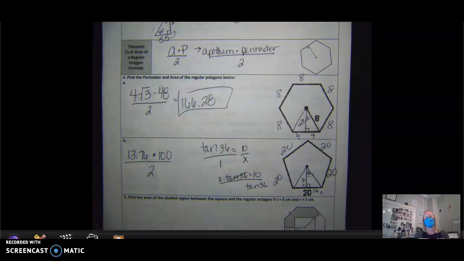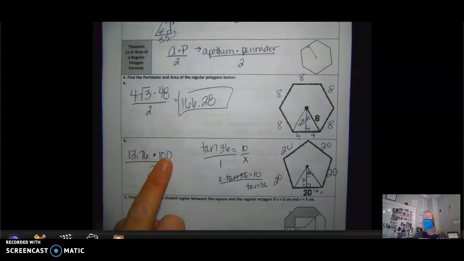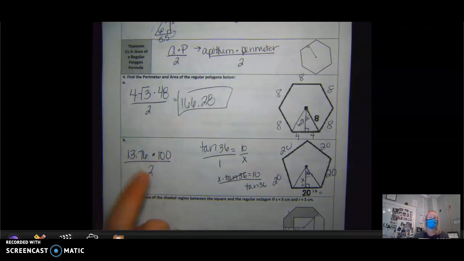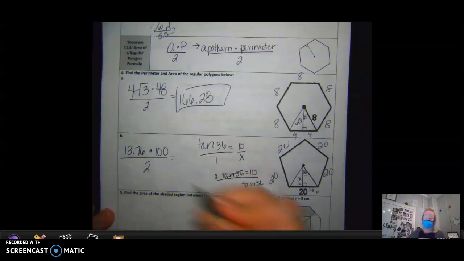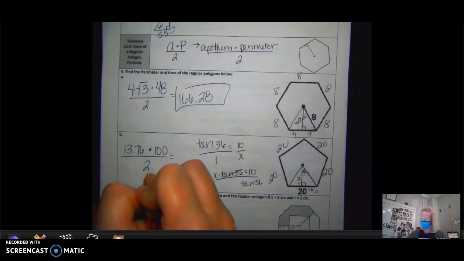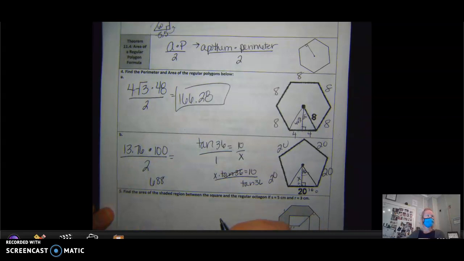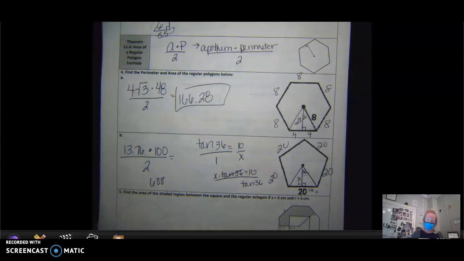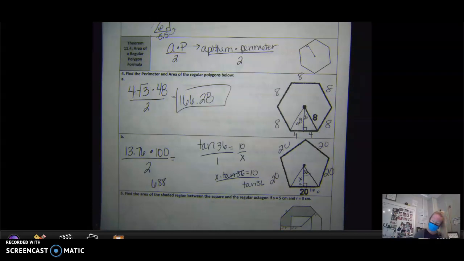Multiply that. So now I have the apothem and I have the perimeter. Multiply those 2 and then divide by 2. And what do I get for an answer on that? Any decimals? Do you guys agree? Are you sure? Oh, yeah, divide by 2. That shouldn't give us a decimal, right? Is that what you guys got?